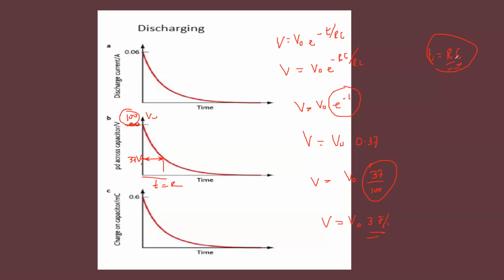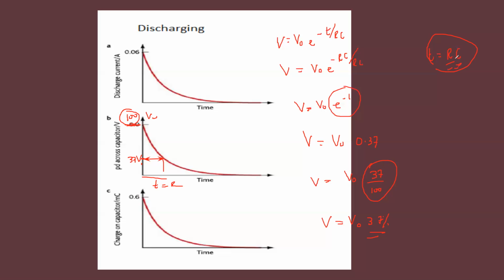Is it clear? If the original value is 100, 37% of the original value means 37. If the original value is, for example, 1000, then 37% means 370.